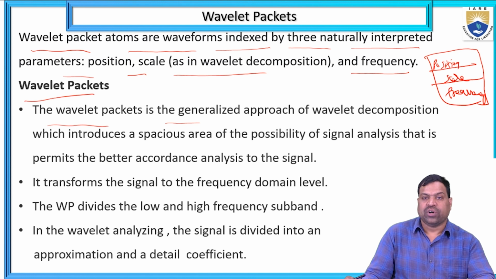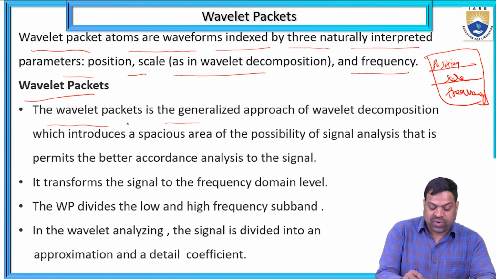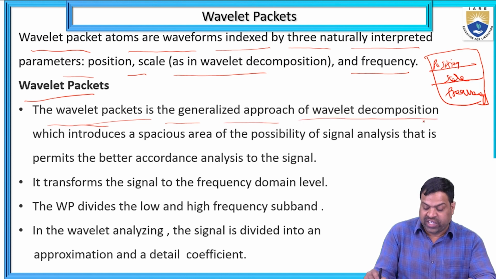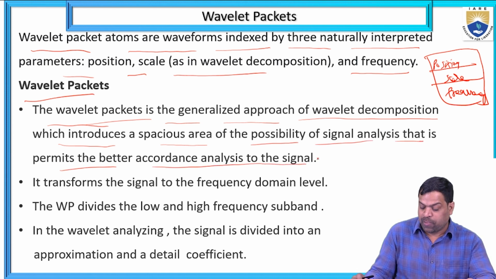The wavelet transform divides the low and high frequency subbands. In wavelet analysis, the signal is divided into approximation and detailed coefficients. So the wavelet packet is a generalized approach of wavelet decomposition that permits better accordance of the analysis to the signal.